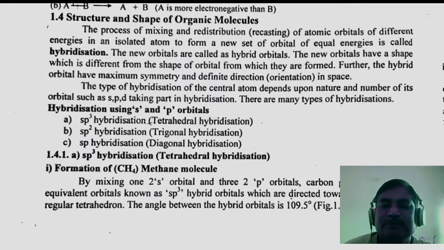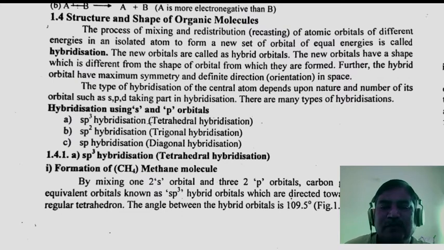So hybridization is simply defined as the process of mixing and redistribution of atomic orbitals so as to give a set of different orbitals with equal energies, that is hybrid orbitals, and the overall process is called hybridization.